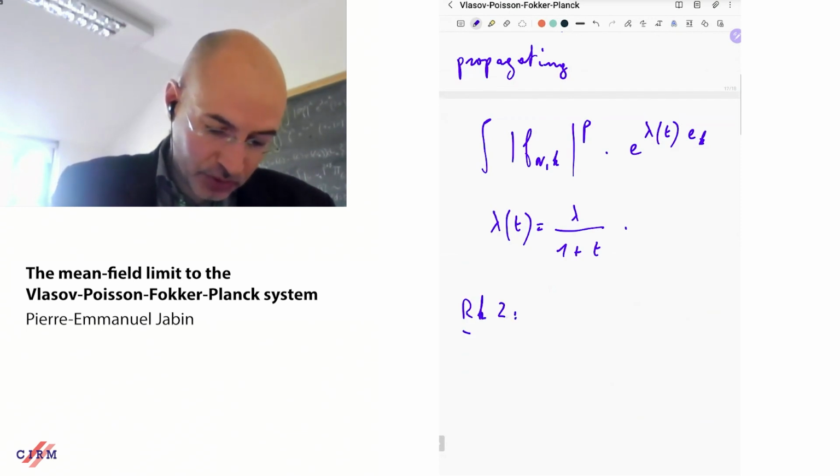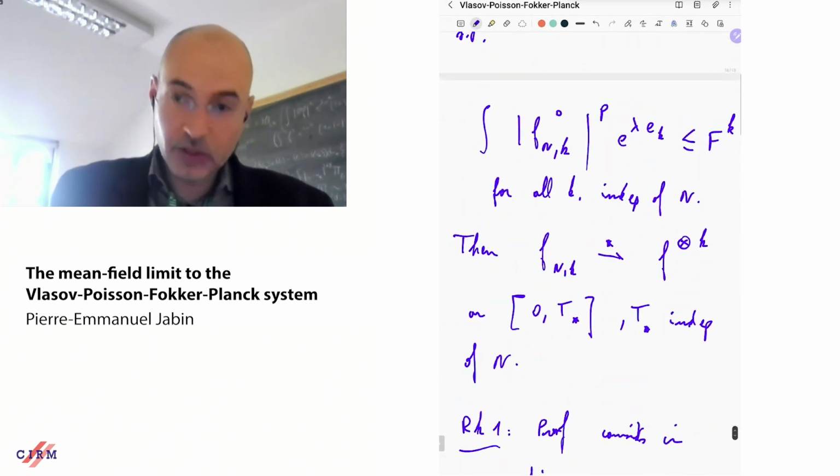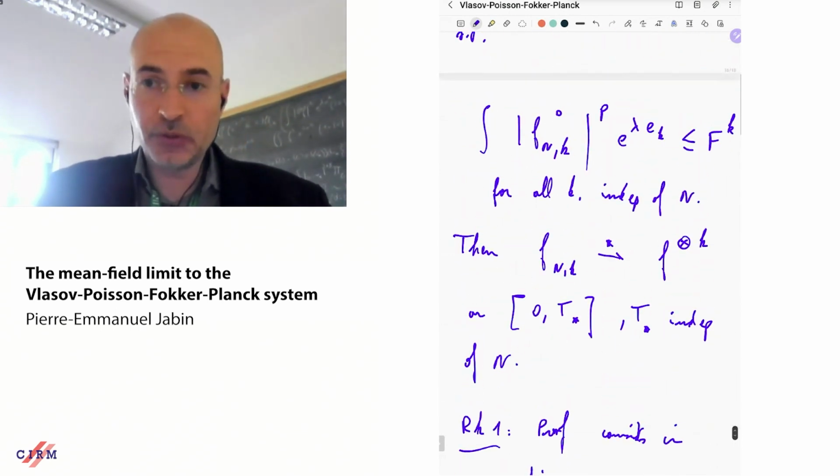A second interesting remark is that this theorem, as it is, if you're in dimension 3 and more, does not apply to IID initial distribution.